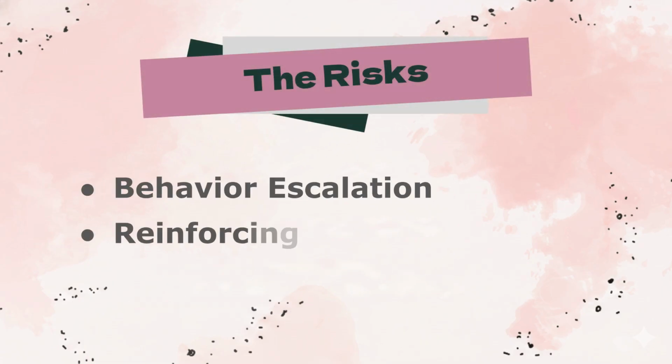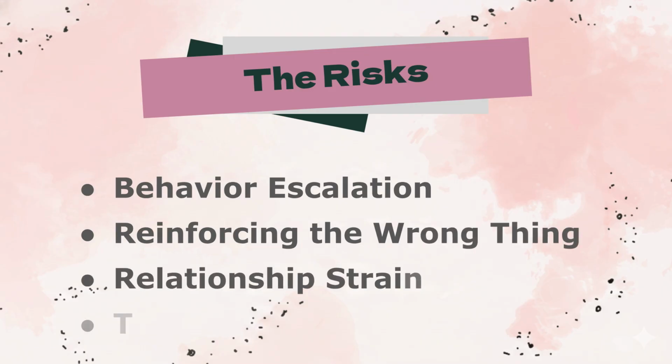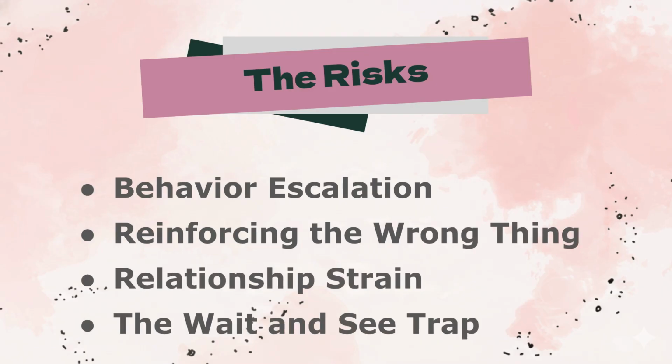There are 4 main risks we need to keep on your radar. During a functional analysis, you might see behavior escalation because when we start manipulating variables to see what triggers the behavior, we might accidentally trigger a major episode. So, if we're testing if the behavior is maintained by attention and we start withholding attention, the behavior might get more intense.